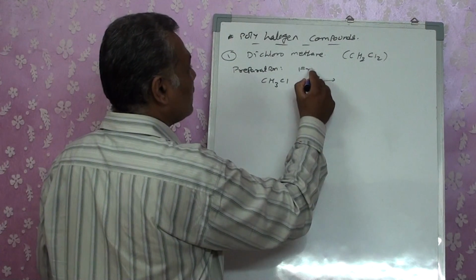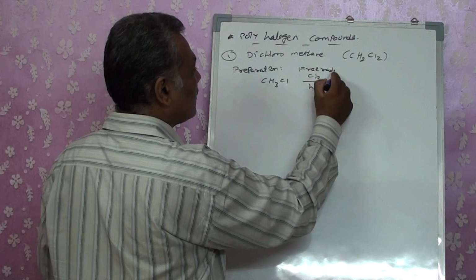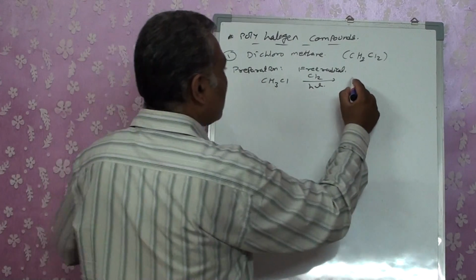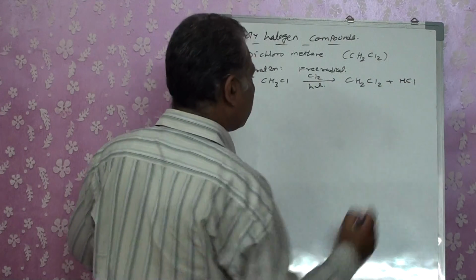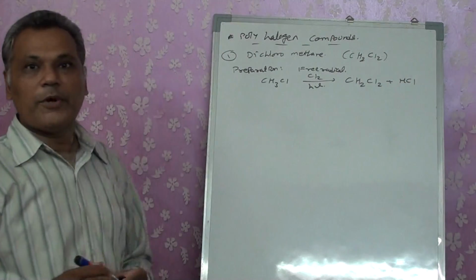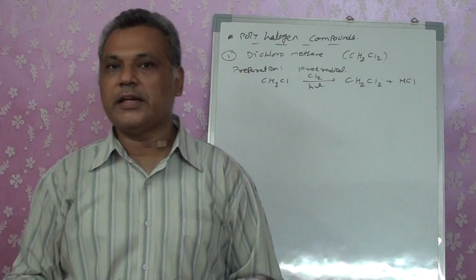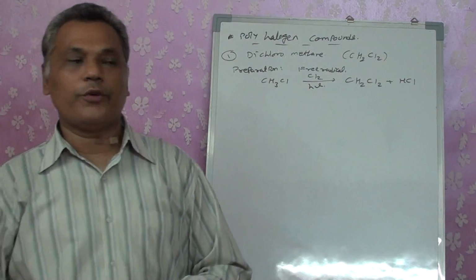This is known as a free radical reaction. The product we get is CH2Cl2 plus HCl. This is the reaction that we can use for its preparation.